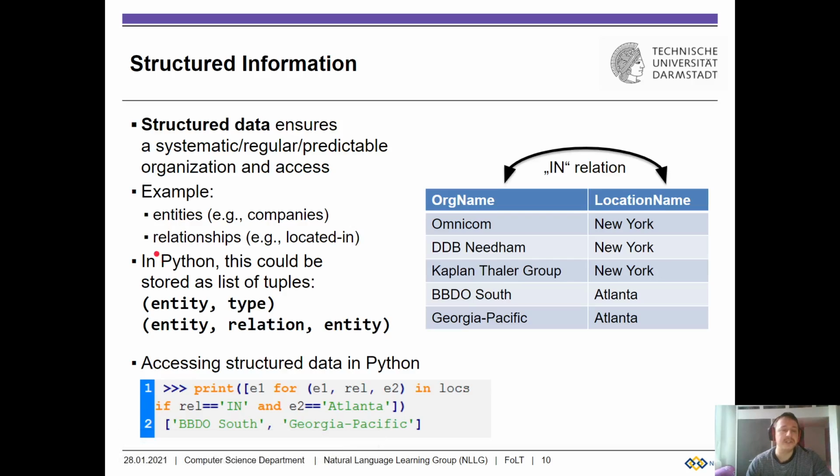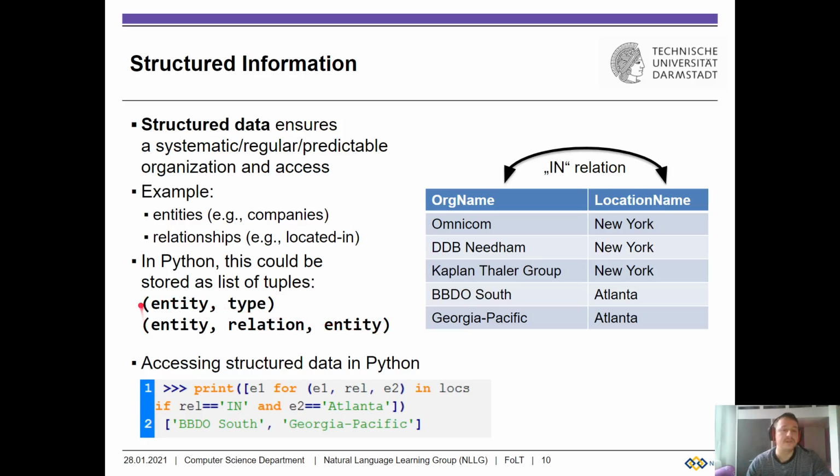The kind of structured information that we have in mind comes in 2 forms: either entity type, so that we say a specific entity, such as Angela Merkel, is of a specific type, such as she's a person, or Omnicom is an organization. And secondly, we also want to set entities in relation with each other, such that we have triples where we say entity 1 is in relation with entity 2.